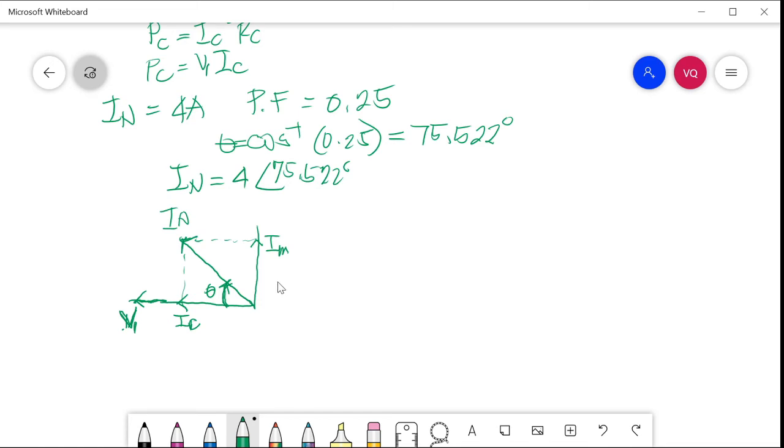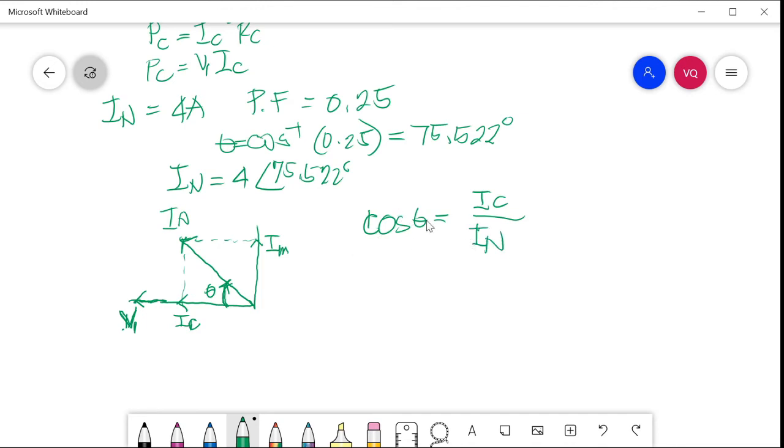Paano natin isosolve yung IC? From SOHCAHTOA, we can solve IC. Cosine theta is equal to adjacent, what is the adjacent? IC, and hypotenuse divided by IN.